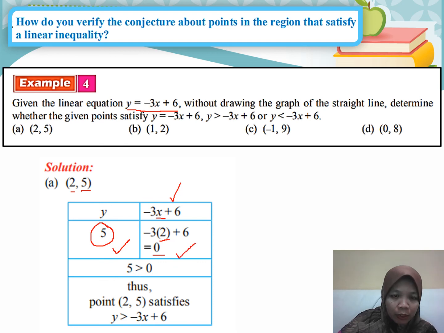So we know that 5 is greater than 0. Thus, we know that point 2, 5 satisfies y greater than negative 3x plus 6.